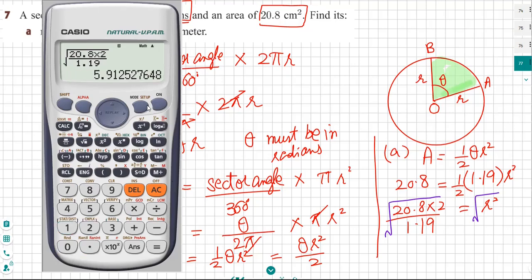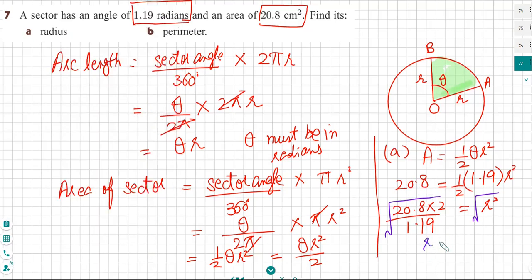The radius will be 5.9125, and if I write the answer in 3 significant figures, it will be 5.91 centimeters.